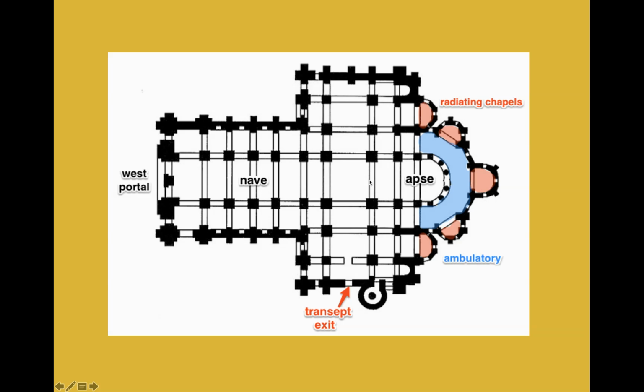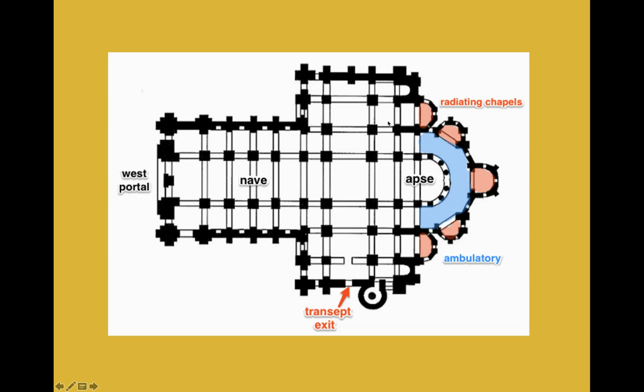This is where you have to learn some of your church vocabulary, and it's really, really super important. The nave is where the people sit. The transept is the cross part. The apse, we learned this when we did San Vitale. The apse is where the altar sits. Then here are two more. Ambulatory, it's how you move.